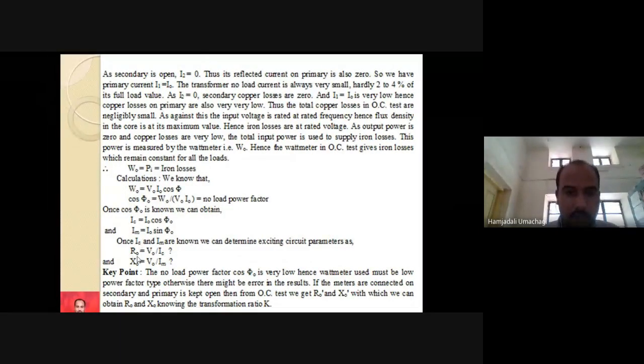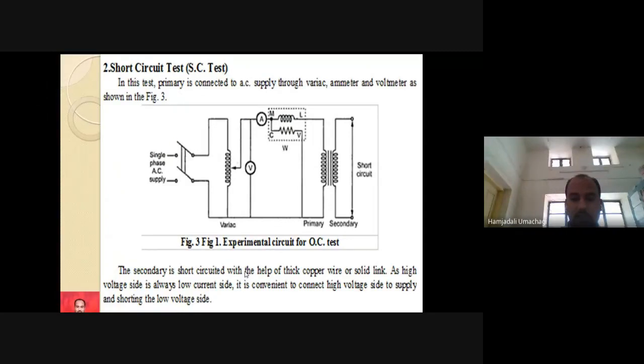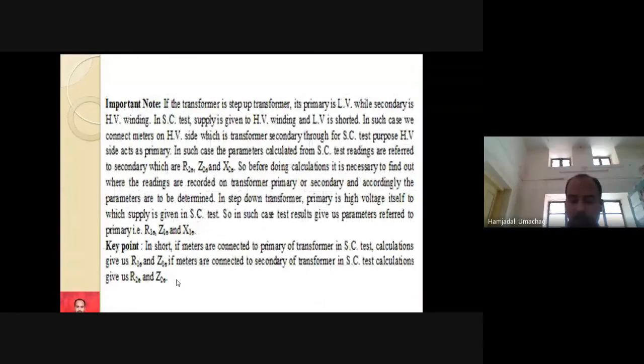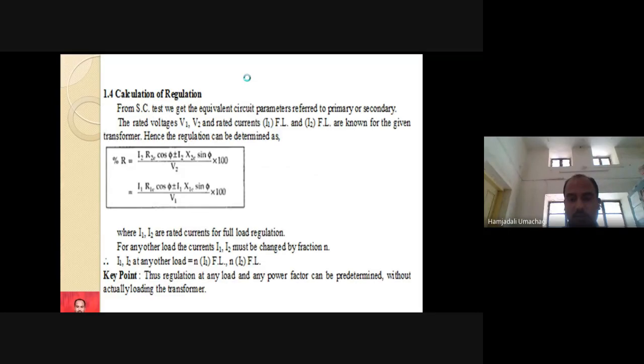Equivalent circuit parameters. Similarly, the short circuit test: circuit diagram, tabular column, then values, then straight away write all these equations, how to calculate efficiency using the OC and SC tests, how to calculate regulation using the OC and SC parameters, that is I2, X2, R2, all these values, plus for lagging, minus for leading power factor. Using this formula, I just explained the regulation versus power factor graph. That graph you are going to draw in the machines laboratory practical.